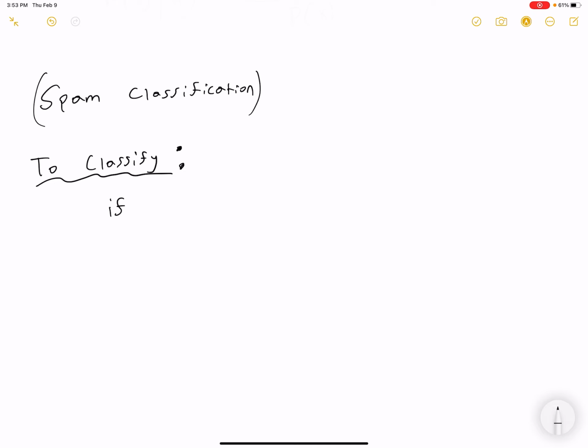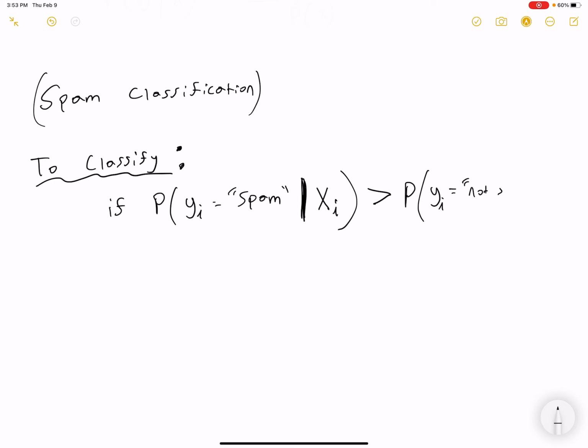So if the probability of the ith data point being equal to spam given the data point itself is greater than the probability equal to not spam given that data point, then we return a prediction of spam.